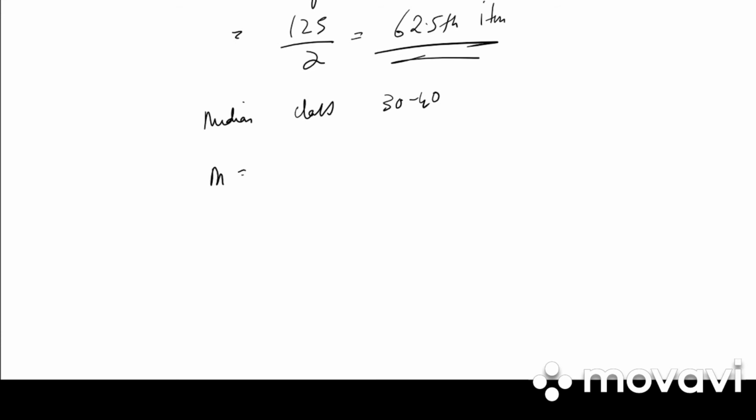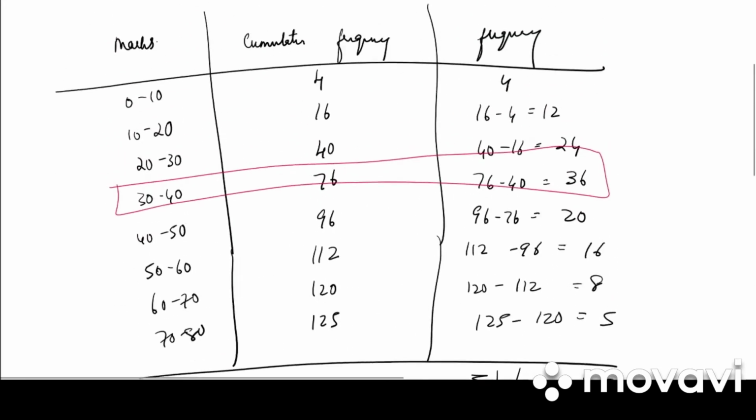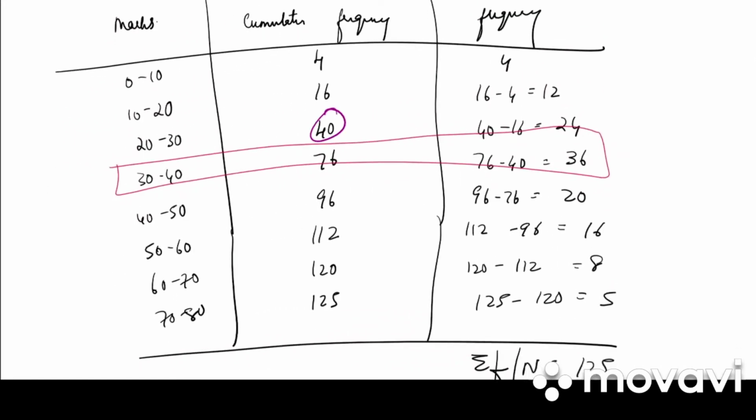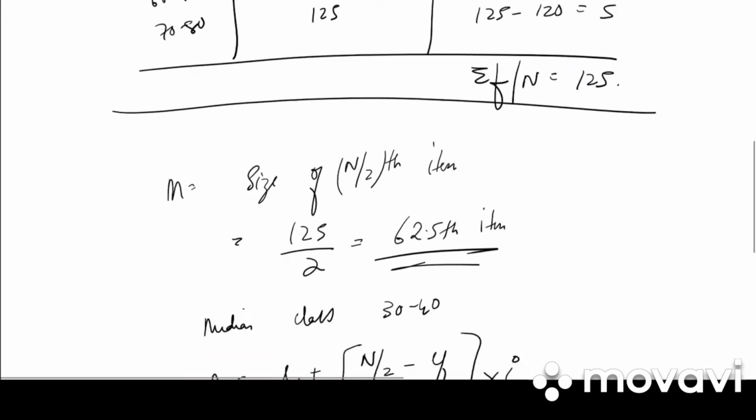What is the formula? M is equal to L1 plus N by 2 minus CF divided by F into I. CF will be 40, frequency will be 36.